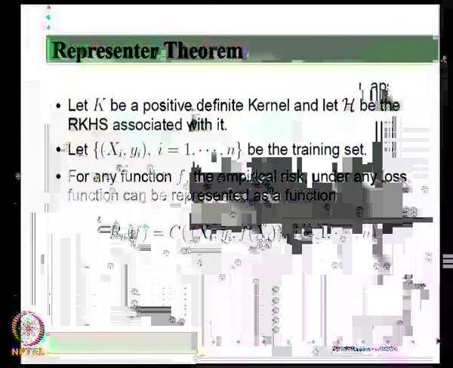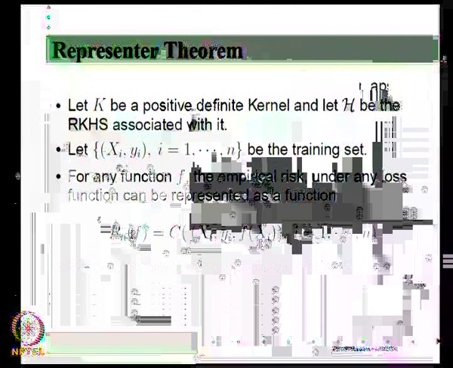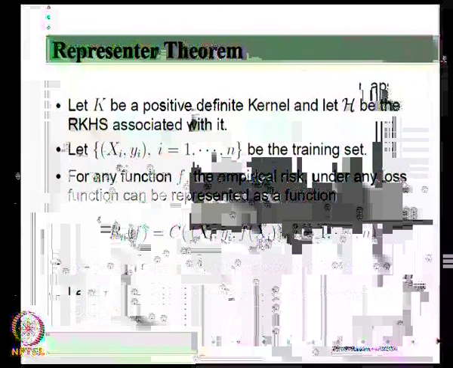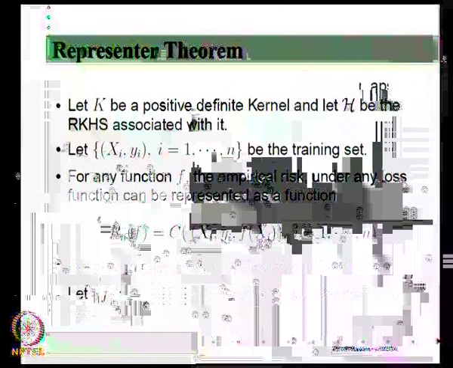Let us say we want to minimize such an empirical risk, but we want to do a regularized empirical risk minimization. That means we use a regularization term for which we use the norm in the H space, and let us say the inner product <f, f> will be represented as norm f squared like this. Okay. So, this is the theorem. Let omega be any strictly monotonically increasing function.